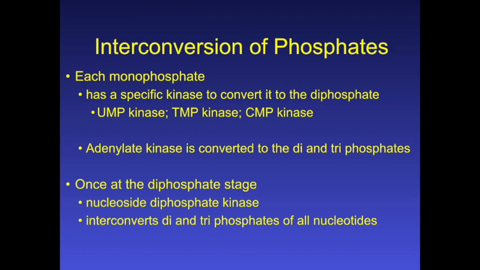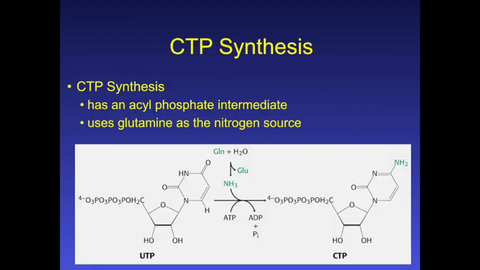If any of them are at the diphosphate stage, they can be worked on by nucleoside diphosphate kinase and phosphorylate them all up to the triphosphates. Normally we talk about triphosphates. So now we have UTP, that is different than the UMP that we saw, and we're going to do one more reaction to get to CTP.